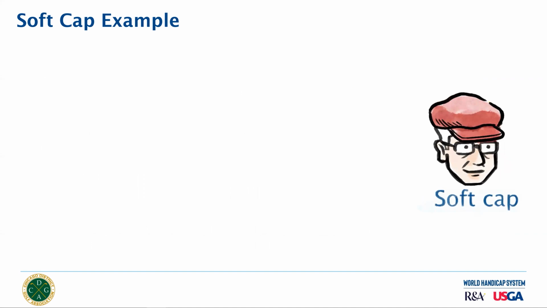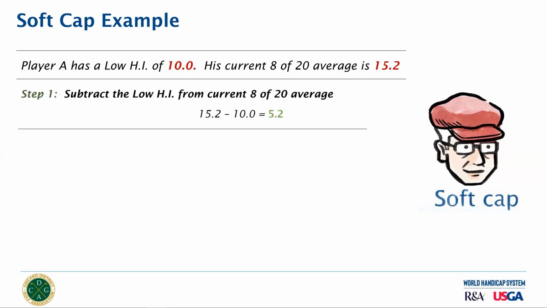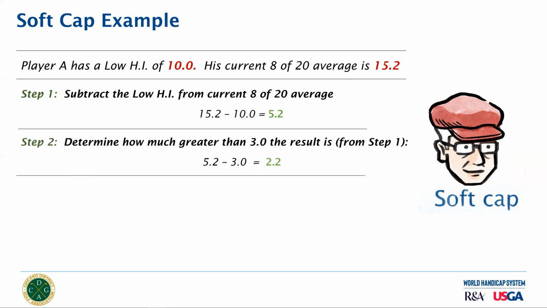A soft cap example. Player A has a low handicap index of 10.0. Their current 8 of 20 average is 15.2. You subtract the low handicap index from the current 8 of 20, which leaves you with 5.2. We determine how much greater than 3.0 the result is, which is 2.2.